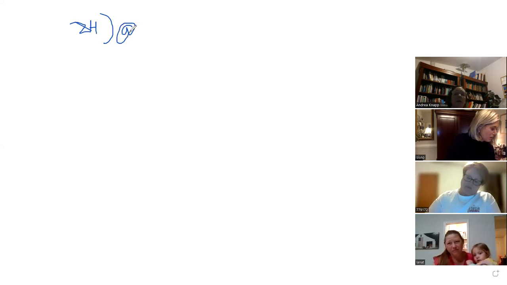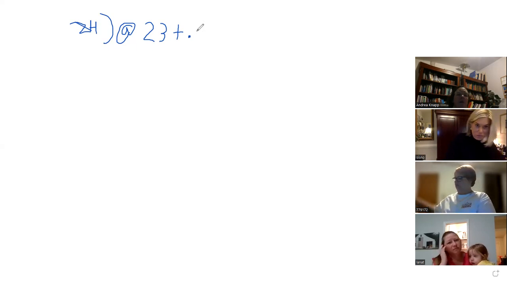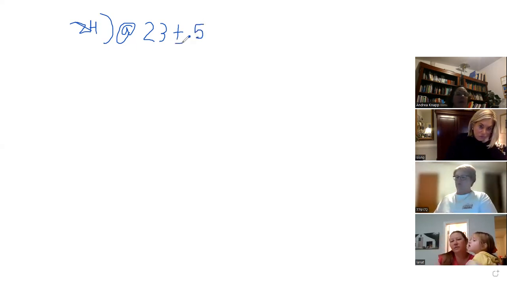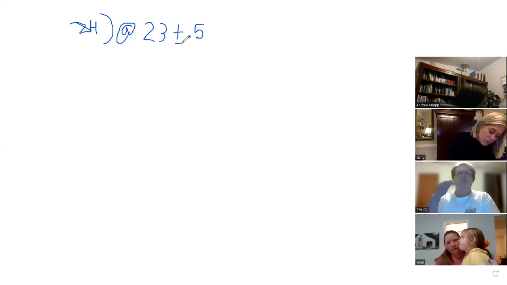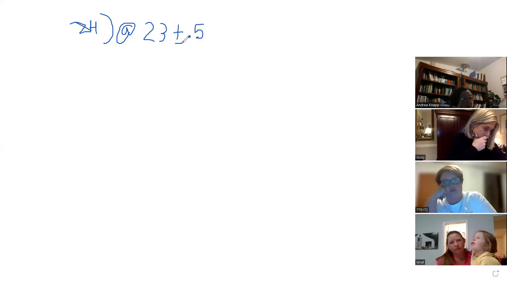So in part A, the unit used was to the nearest 1. So to get the greatest possible error, we can go up or down by 0.5, so the larger being 23.5. For part B, we have 3.6.